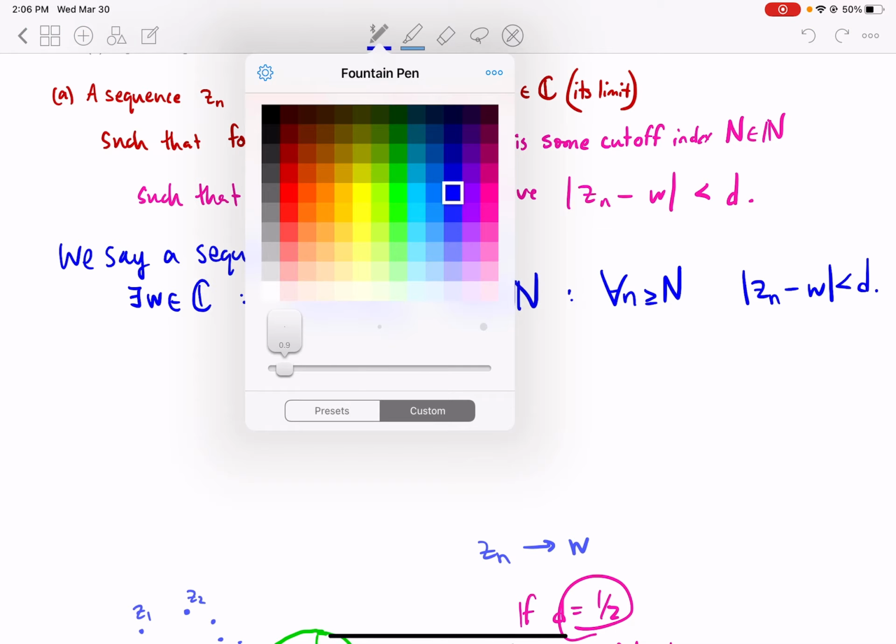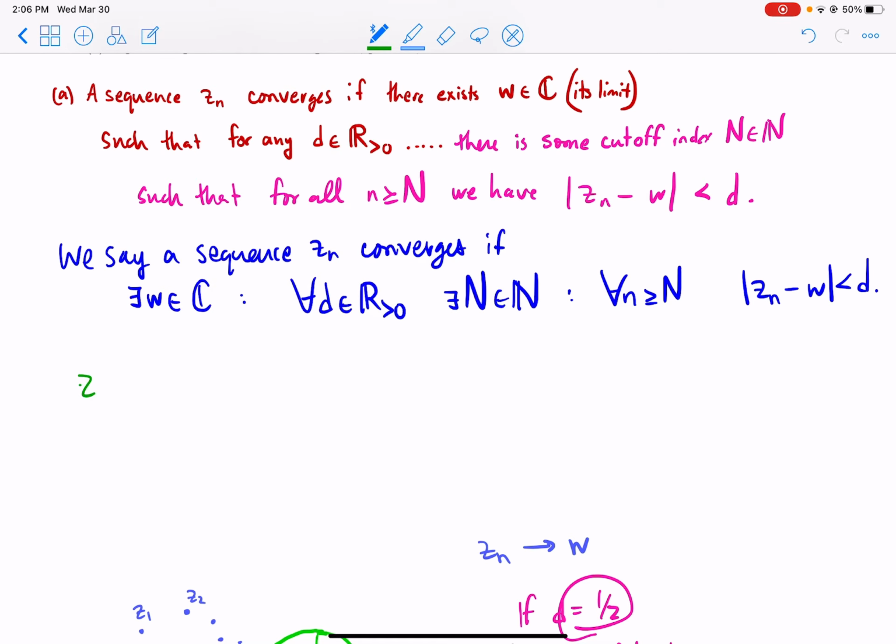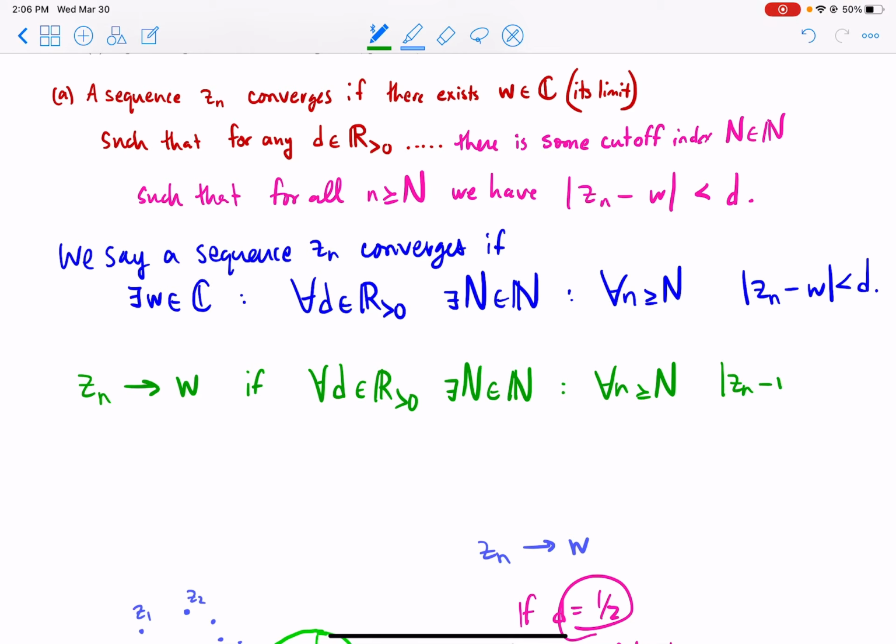Another way to say it, in symbols, is z sub n converges to w if, for all d positive, there exists a cutoff index such that for all indices past the cutoff, we are d close to the limit.